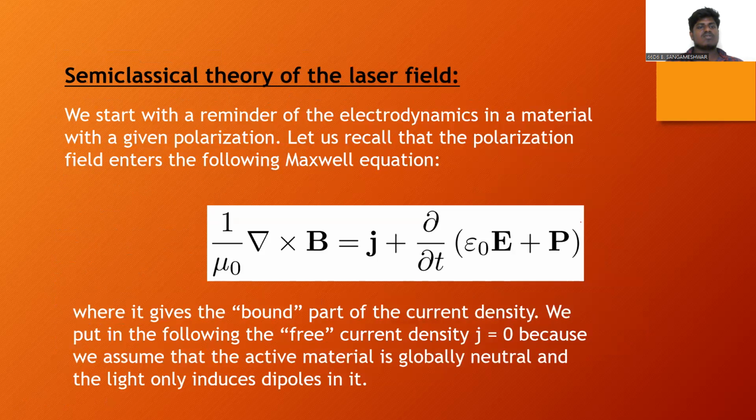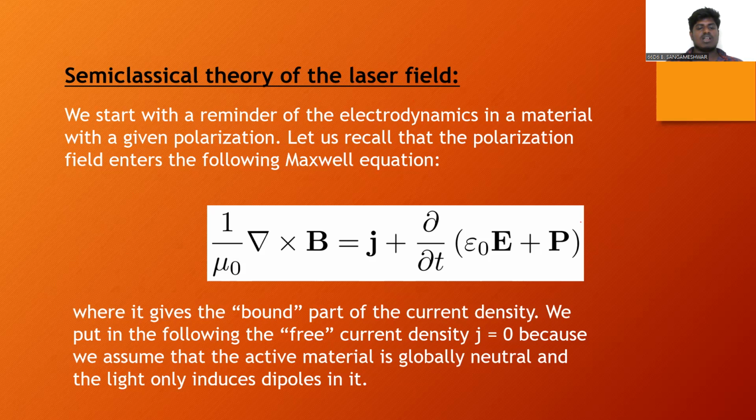Semi-classical theory of laser field. We start with a reminder of electrodynamics in a material with a given polarization. Let us recall that the polarization field enters the following Maxwell equation, where it gives the bound part of the current density in the semi-classical theory of the laser field.